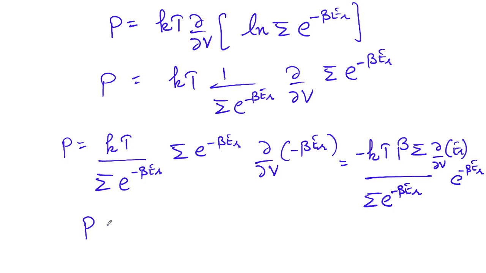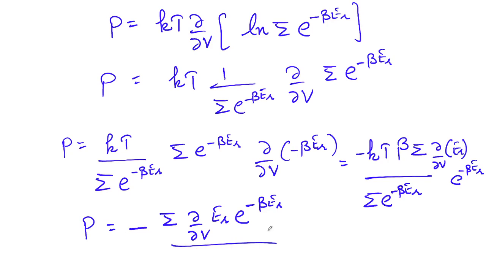So this pressure term we can write as minus the summation of ∂E_r/∂V into e raised to power minus beta E_r over the summation, where kT and beta get cancelled with each other because beta is 1 over kT.